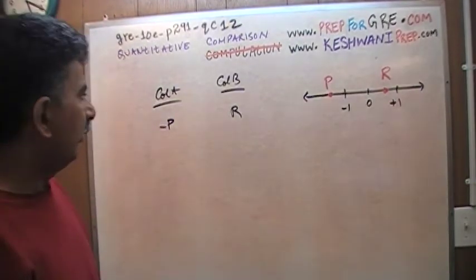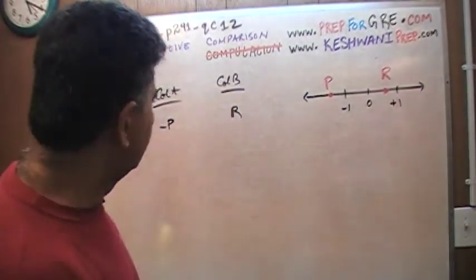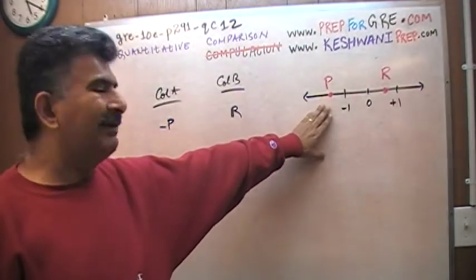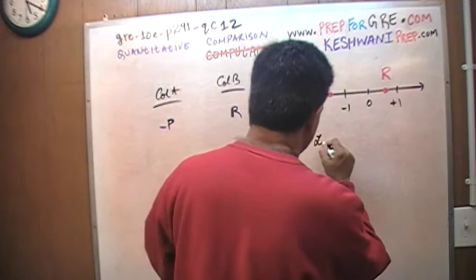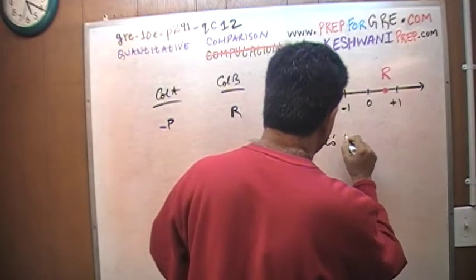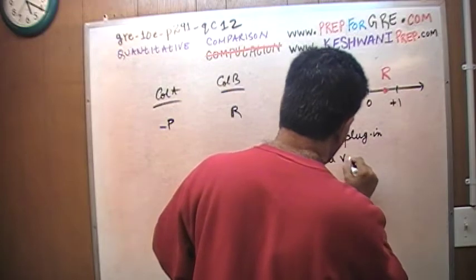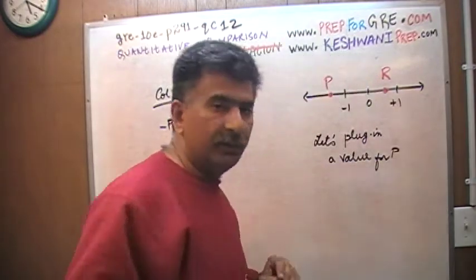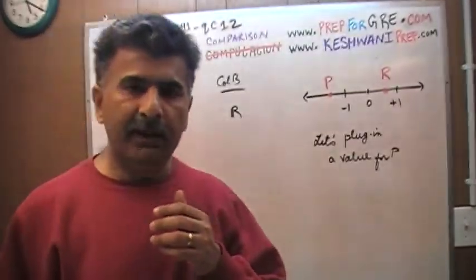Actually, it's a pretty straightforward, simple problem, because you see P is something less than negative 1. If it makes it easier for you, let's plug in a value for P so that it's easier for us to talk about it, because otherwise we end up dealing in an abstract term.